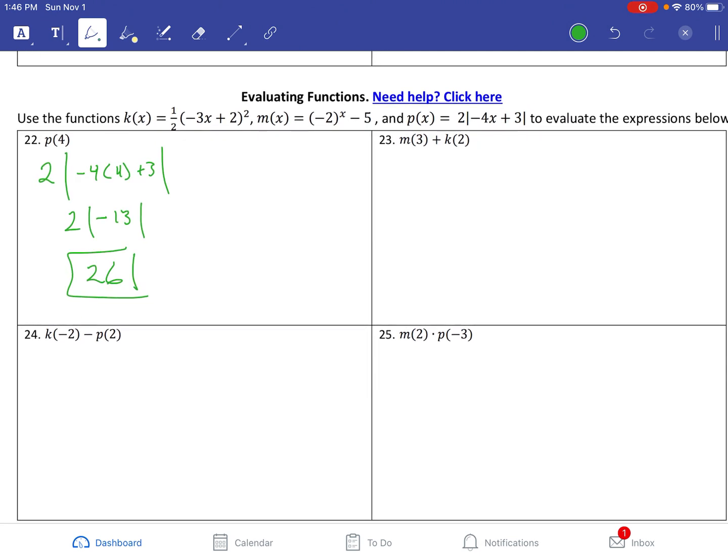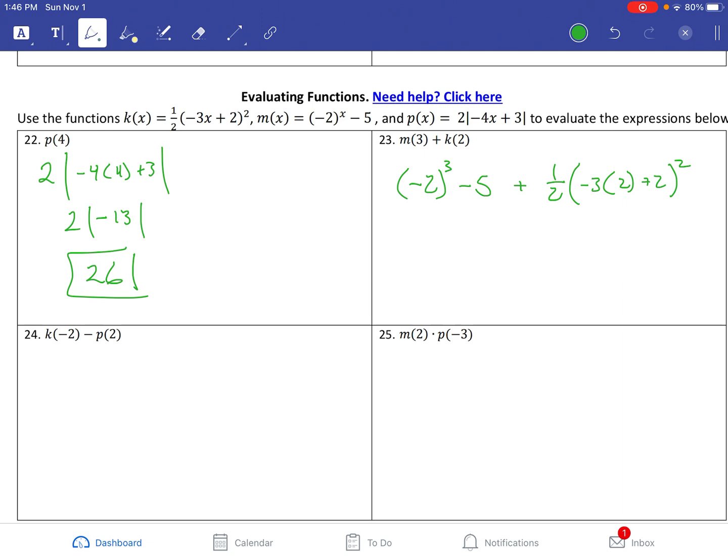Number 23, we're putting 3 in for m. So I have negative 2 in parentheses to the third power minus 5 plus, put 2 in for the k, so I have 1/2 parentheses negative 3 times 2 plus 2 quantity squared. Okay, so let's go through this nice and simply. Negative 2 to the third is going to give you negative 8.